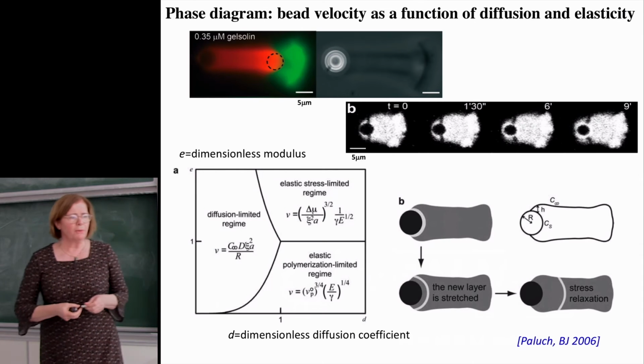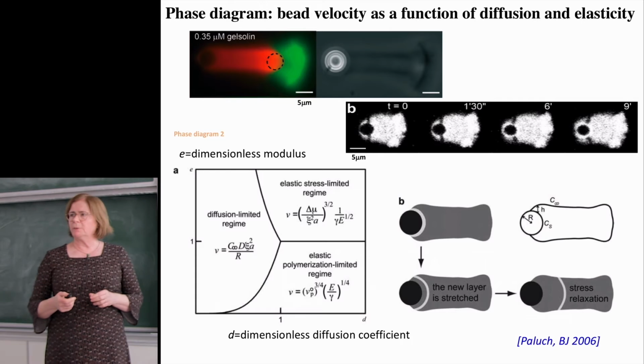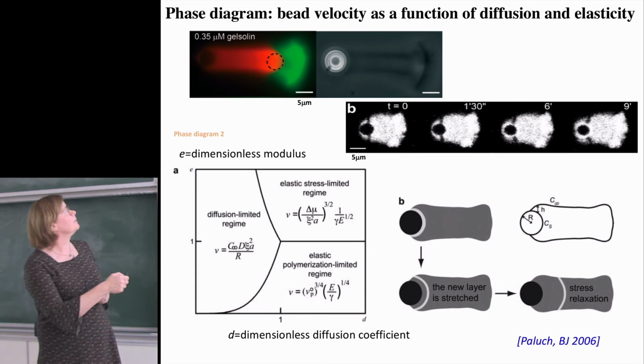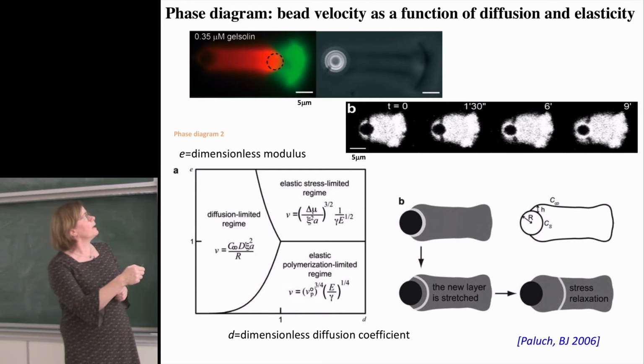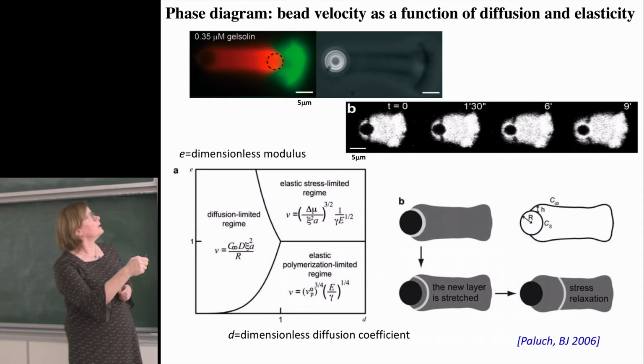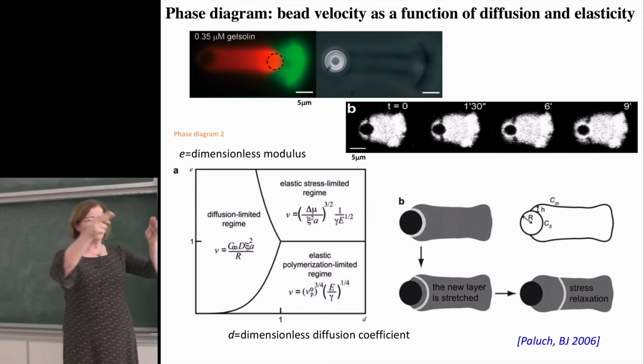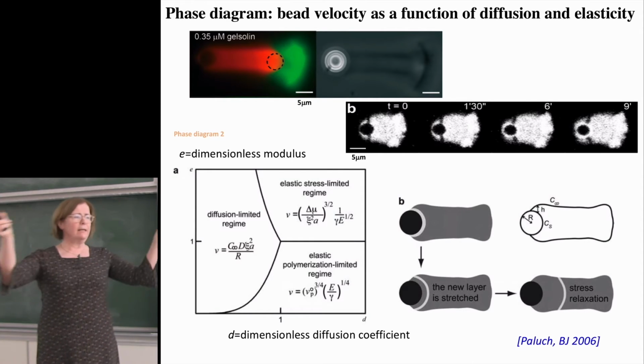So maybe some of you already thought that we may be in situations where we have limitation of diffusion, because this is a network. So here it's still our 2-color experiment. We start with green actin. We continue with red actin. And you see that what was spherical here before is sort of extended.